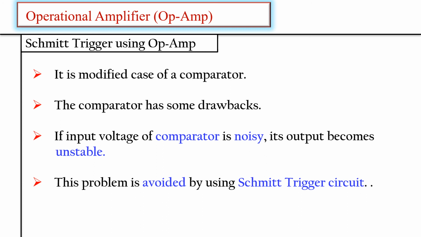So by using a Schmitt trigger, we can overcome this noise at the input of the comparator. So the Schmitt trigger is a modified case of the comparator. The comparator has some drawbacks. If the input voltage of the comparator is noisy, its output becomes unstable. This problem can be avoided using a Schmitt trigger circuit.